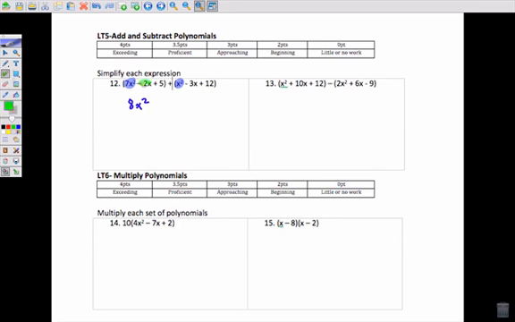I've also got a minus 2x, or you can think of it as a negative 2x, plus a negative 3x for a total of negative 5x. The last part is the constant term. So I've got a positive 5 plus a positive 12 for a total of 17.